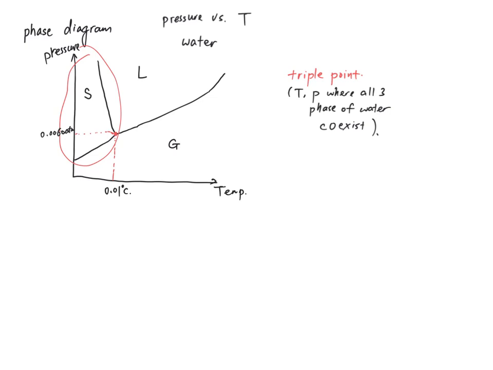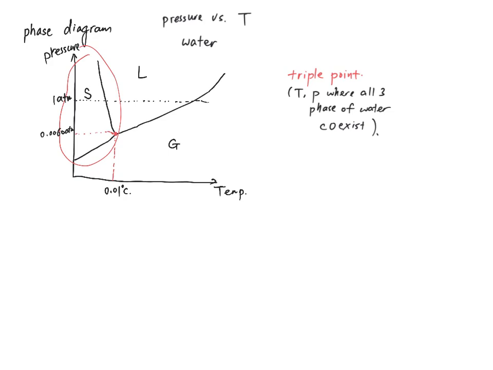Now, what good does a phase diagram do? What kind of information can it provide? One of the very typical things that you can do with the phase diagram is, at a given pressure, let's say right here, let's say this is 1 atmosphere, you could draw a line parallel to the x-axis, the temperature axis, and it's going to cross two interfaces here.